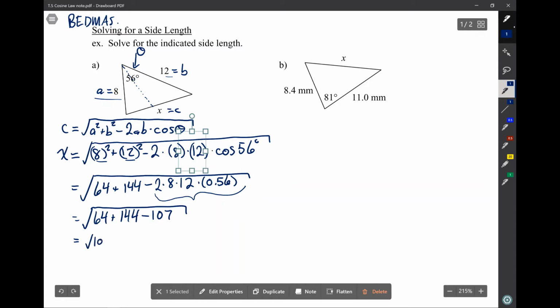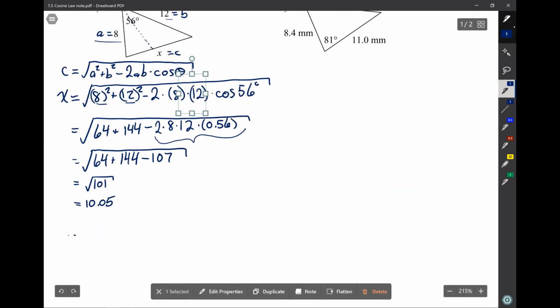So square root of 101. And if I take the square root of that, it's something very close to 10. It's 10.05. Perfect. So therefore, x equals 10.05.